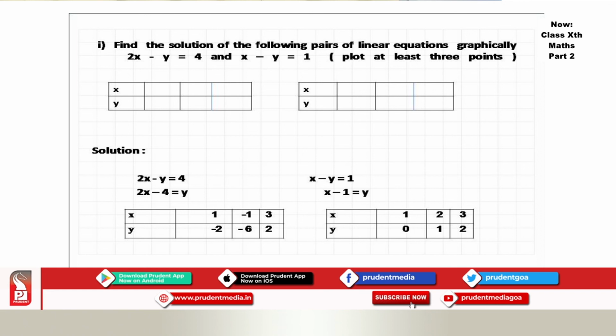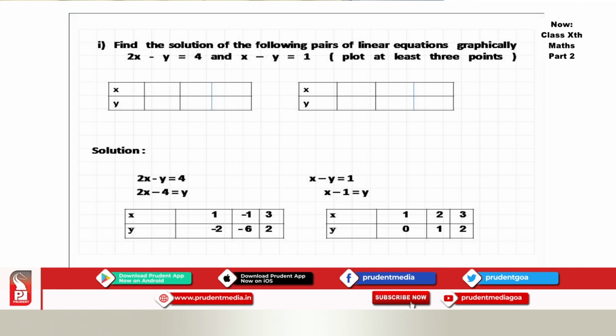Now in the second part, I have taken value of x is 2. So it is 2 minus 1 is 1. So I am getting value of y is 1. Now in the third case, I have taken value of x is 3. So it is 3 minus 1 is 2. So I am getting value of y is 2.